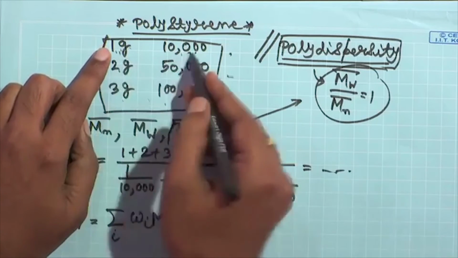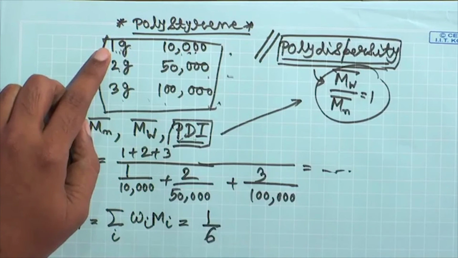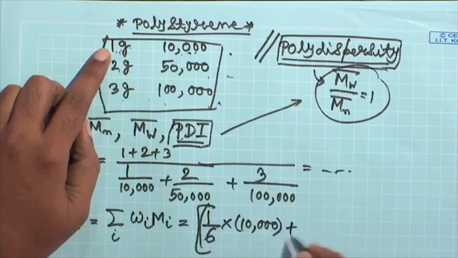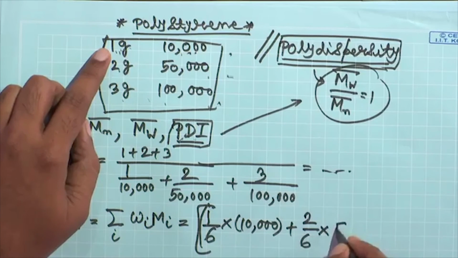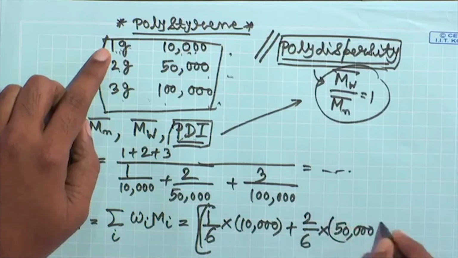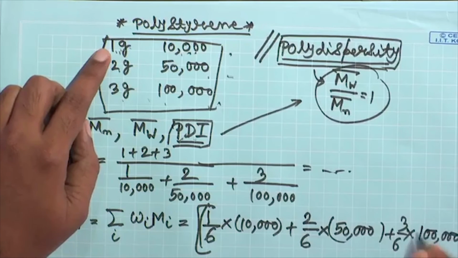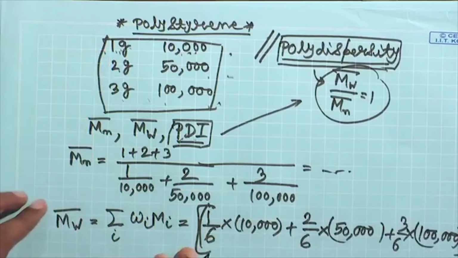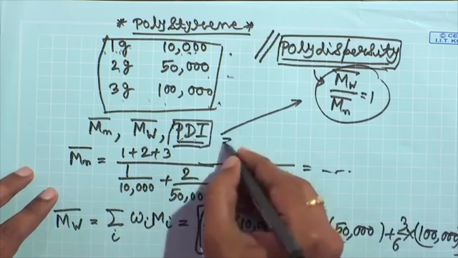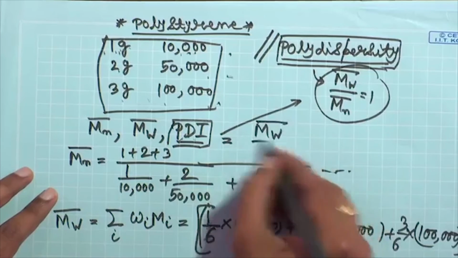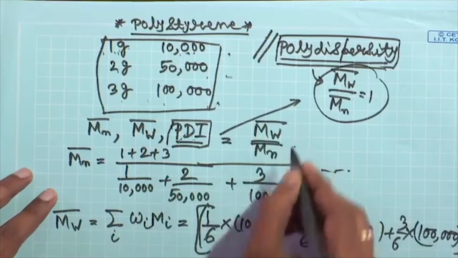So, the weight fraction of the first sample is 1 divided by 6, multiplied by the molecular weight 10,000. Like this you add all of them up, 2 by 6 into 50,000 plus 3 by 6 into 100,000, and then you get the value of Mw. The polydispersity index is basically equal to Mw by Mn, which you can work out.